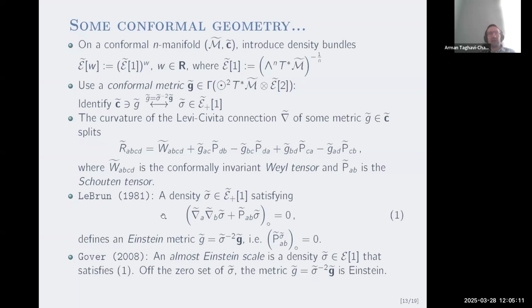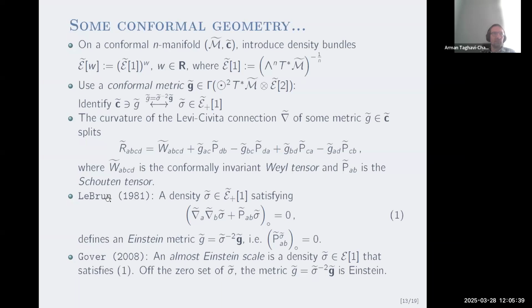So the basic idea is you start with the conformal manifold and you try to find a solution to this differential equation here, which is conformally invariant, which is on the density of weight 1. If you find such a density, then you get an Einstein metric for free.